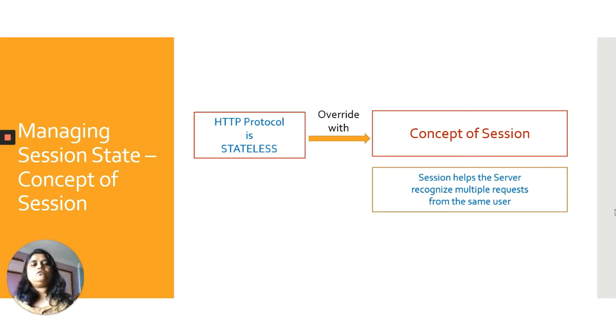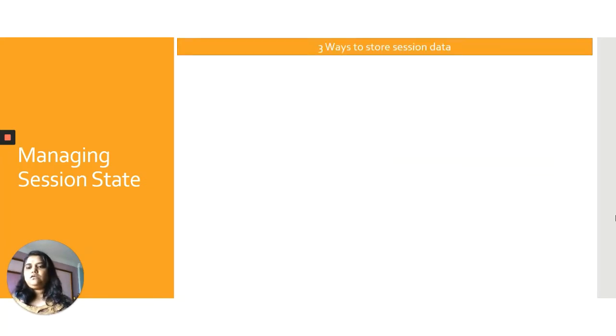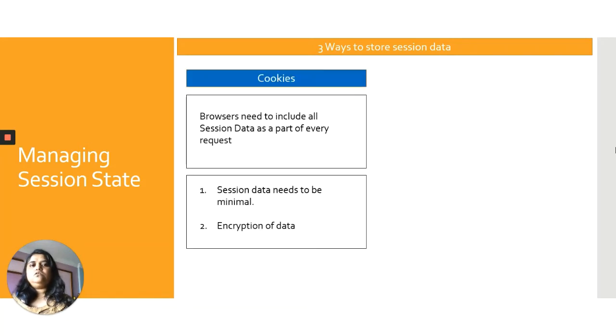So what we do in this case is that we have the concept of a session to override this. What this session does is it helps the server to recognize, with an identifier, whether the requests that are coming are from the same user or from a different user. So how can we handle the session data? There are three ways to store the session data.